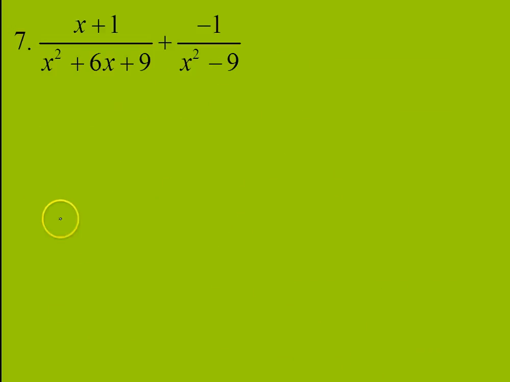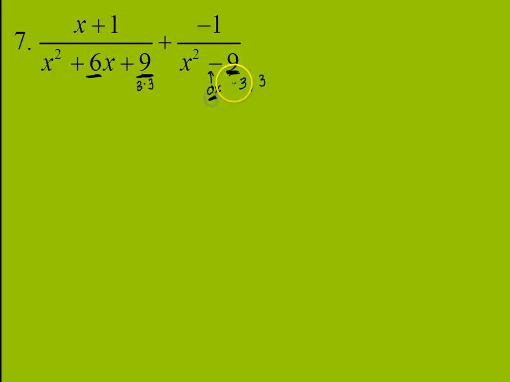Now, first thing, factors before we can find our common denominator. So over on this side, what multiplies to 9 and adds to 6? 3 times 3. This one here, there's nothing in the middle, so technically it's a 0x. Okay, so if it helps you guys to think of it that way, what multiplies to 9 and adds to 0? 3 and 3.